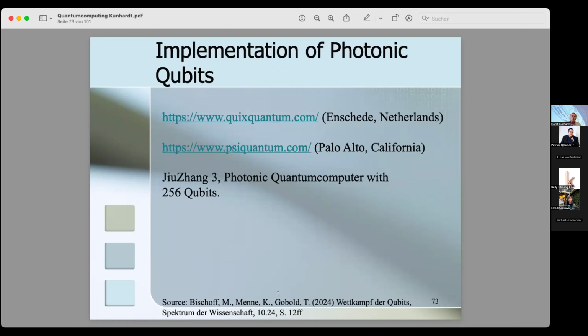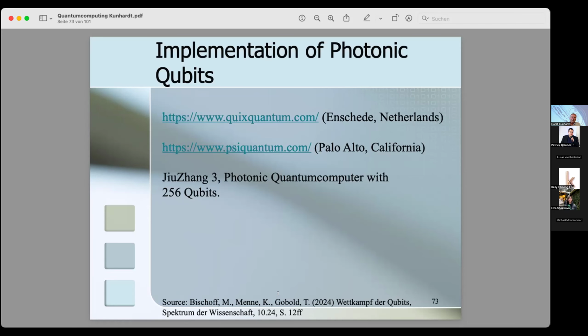QuiX Quantum in the Netherlands is working with that technology, and PsiQuantum in Palo Alto, California, is also working on it. A recent publication of a Chinese photonic quantum computer with 256 qubits shook the quantum community a bit.